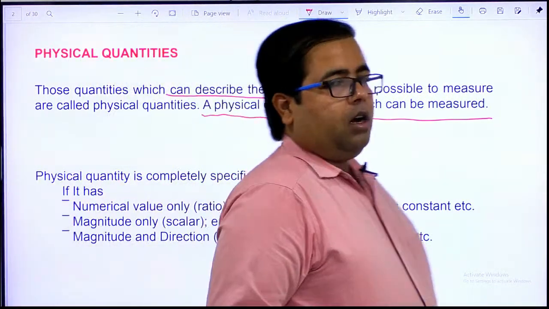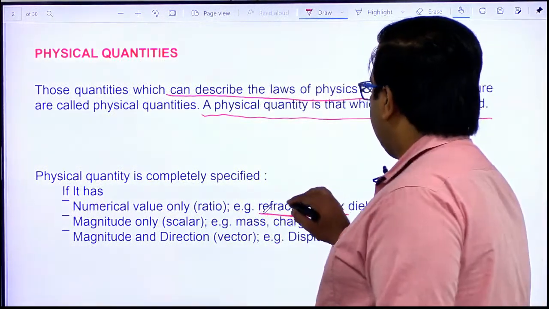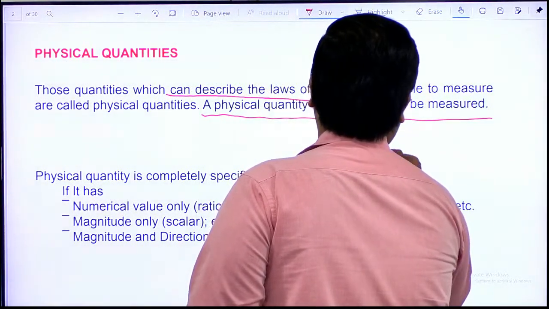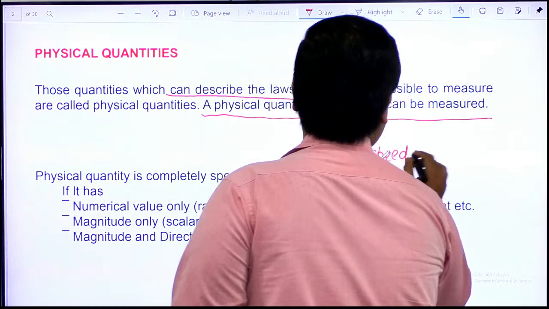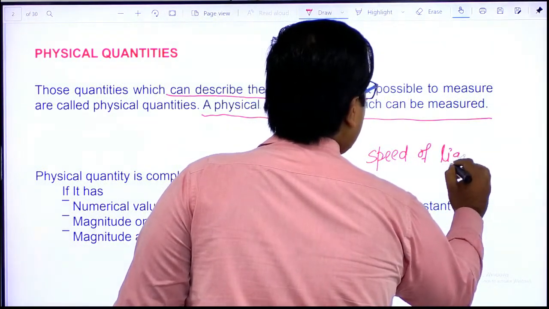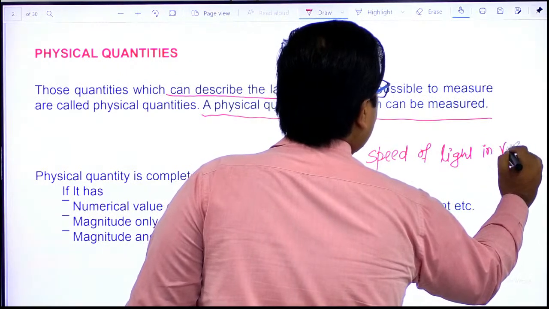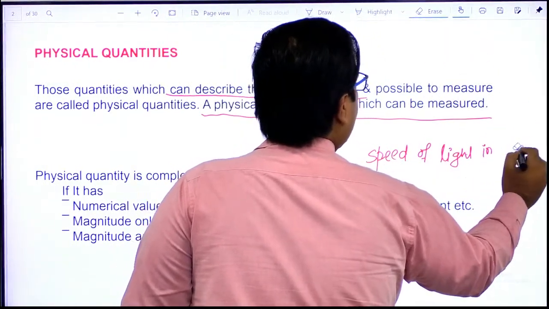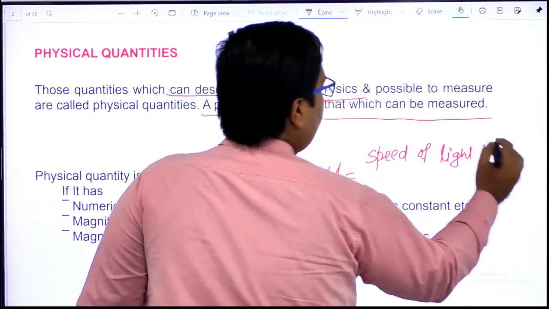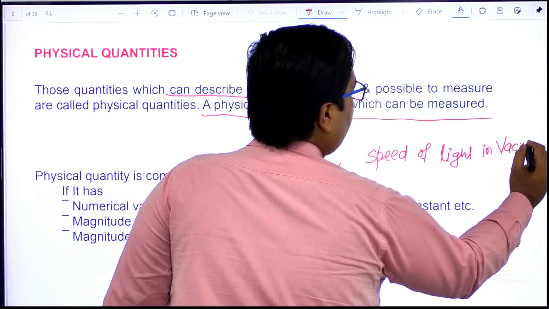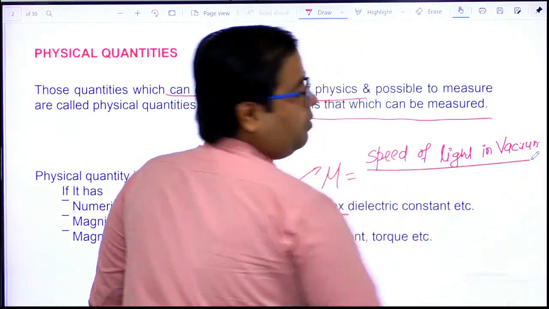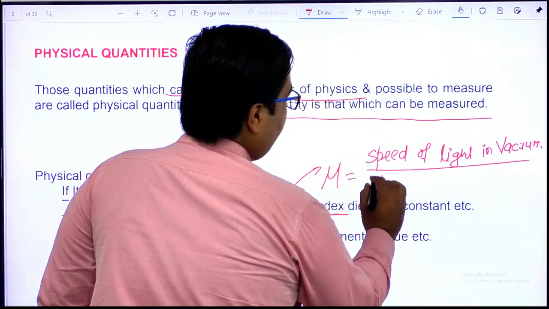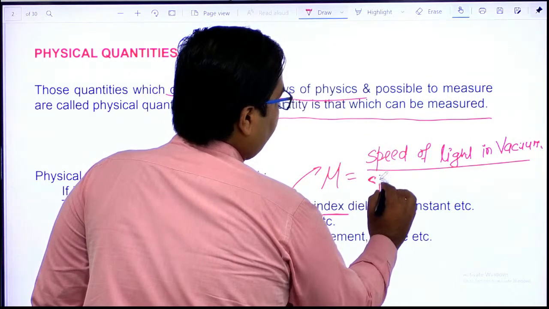You must have studied in class 10 that refractive index, which we represent using mu, is the speed of light in vacuum upon the speed of light in medium.